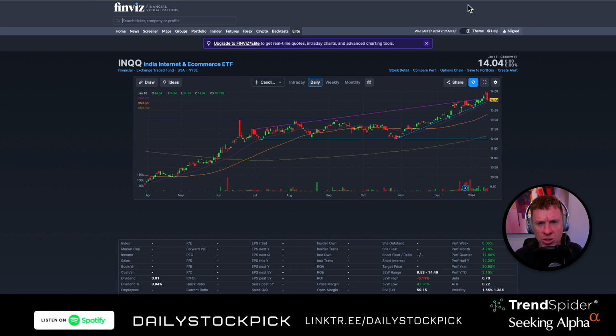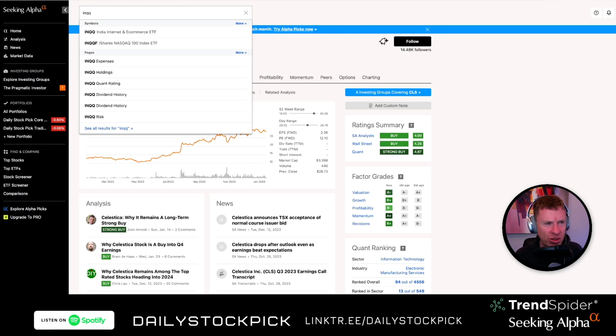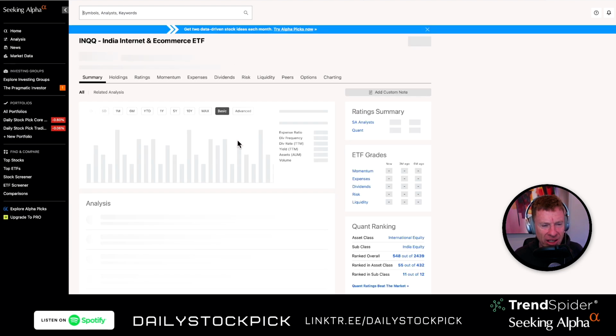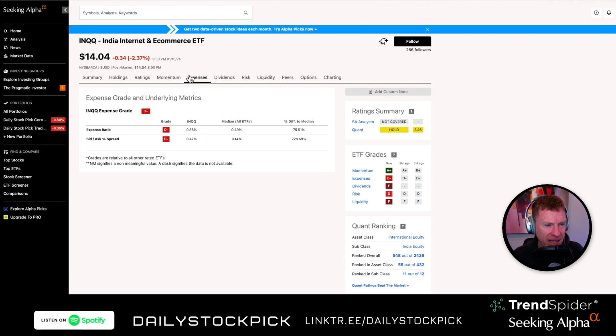It was up 30%. I would go over here to Seeking Alpha. This is where I'd do the investigation on this one. INQQ, you can see it's got nothing from a momentum A+. I mean, just the economy in India is doing well. But the expense, D-, because you can look at the expenses. It's an expensive ETF, 0.86. What are you kidding me?